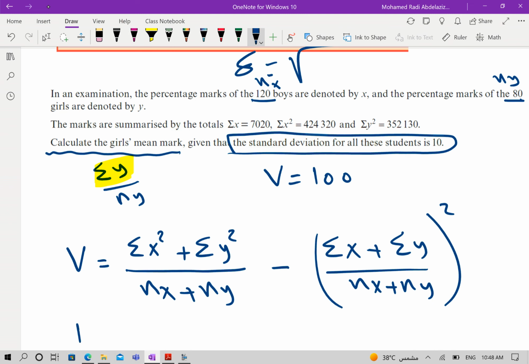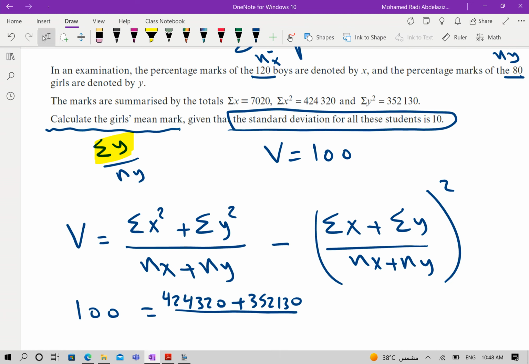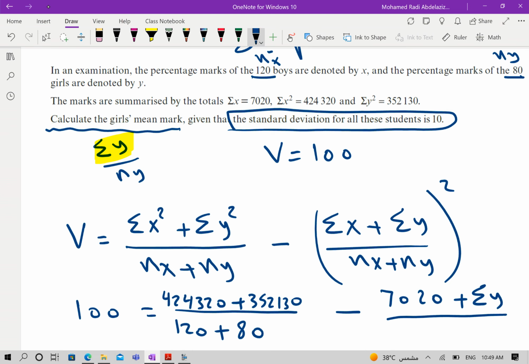We have variance, which is 100, equal to summation of x squared, 424320, plus summation of y squared, 352130, divided by number of x and number of y, minus sum of x, 7020, plus sum of y, which is not given, divided by n of x 120 plus n of y 80, the whole squared. It's an equation.